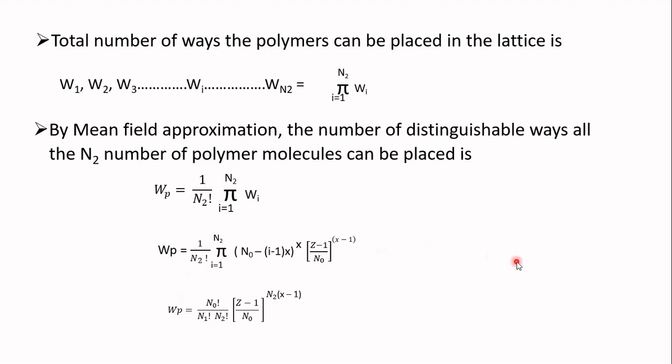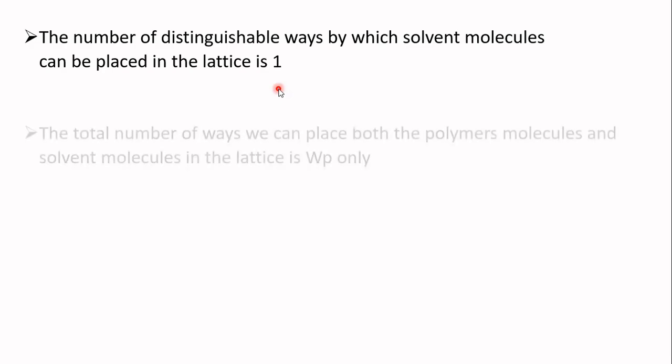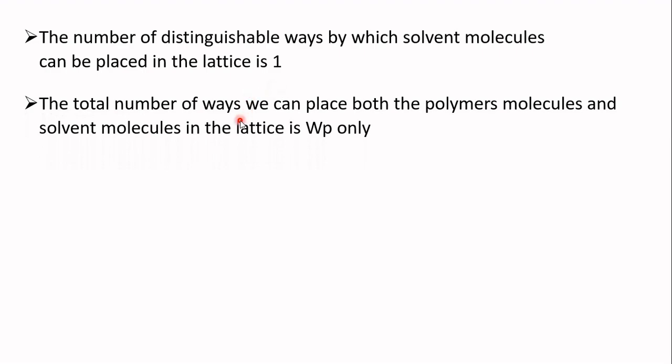Then the number of distinguishable ways by which the solvent molecules can be placed will be equal to 1, because all the solvent molecules are identical. The exchanging of place will not produce any noticeable changes. Then the total number of ways we can place both the polymer molecules and solvent molecules in the lattice is Wp only.